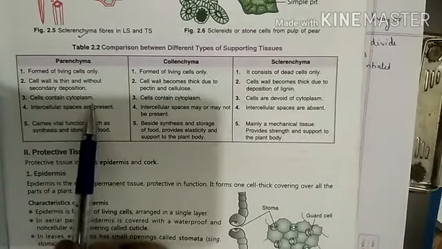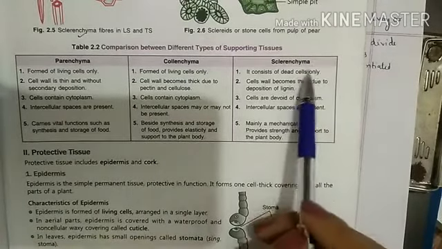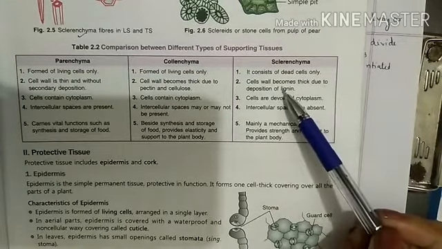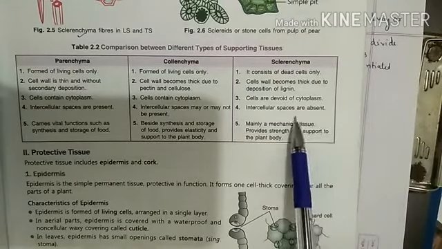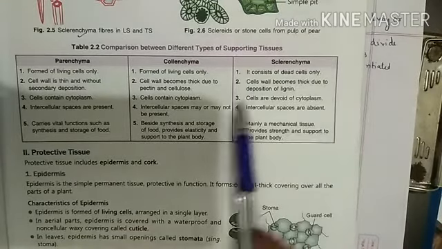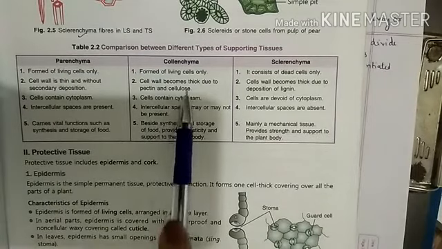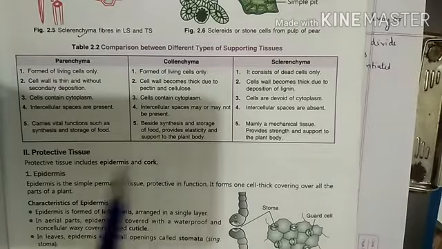And the cell contains cytoplasm in parenchyma and collenchyma. However, in sclerenchyma the cell is devoid of cytoplasm, since there is a lot of deposition of lignin. Intercellular spaces are absent in sclerenchyma. Intercellular spaces are present in parenchyma, and in collenchyma intercellular spaces may or may not be present.